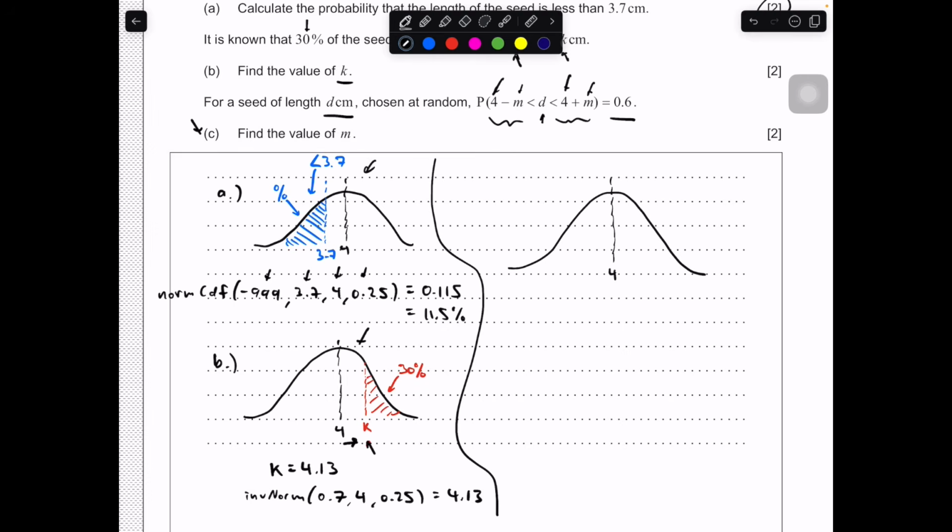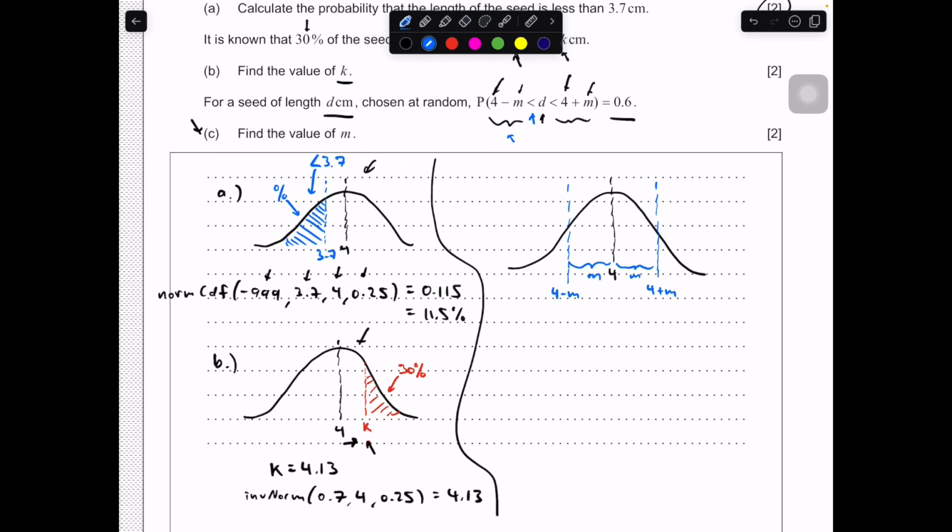If we're 4 minus some distance of m, let's just say this is m right here. This point would be 4 minus m, so d is greater than 4 minus m. And if this as well is a distance of m, this line right here would be equal to 4 plus m.